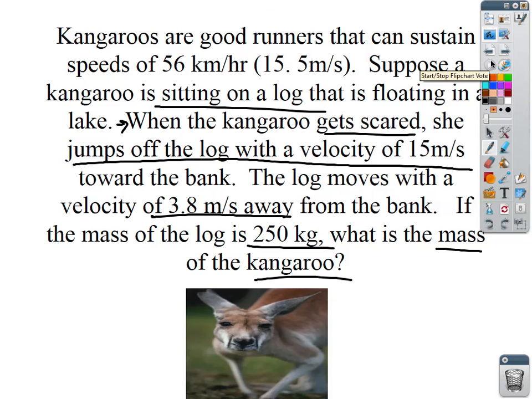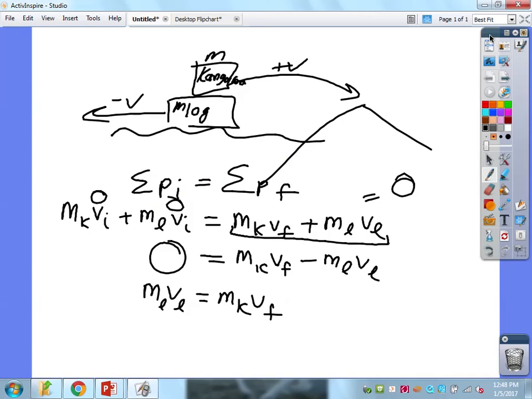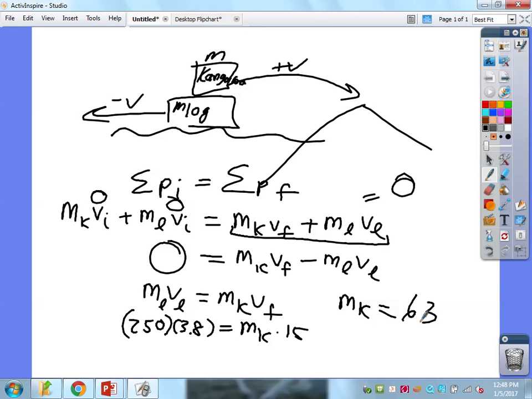So my mass of the log, 250 times 3.8, will equal mk, the mass of the kangaroo, times 15. That's a pretty simple equation to solve for. The mass of the kangaroo will come out to be 63.3 kilograms.